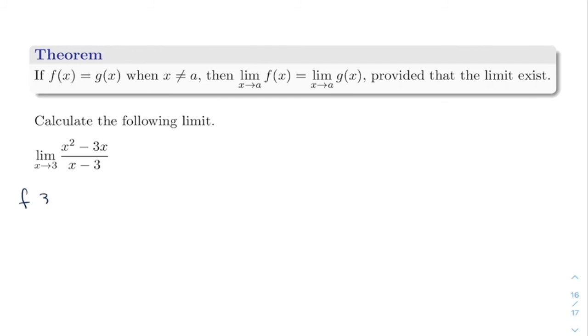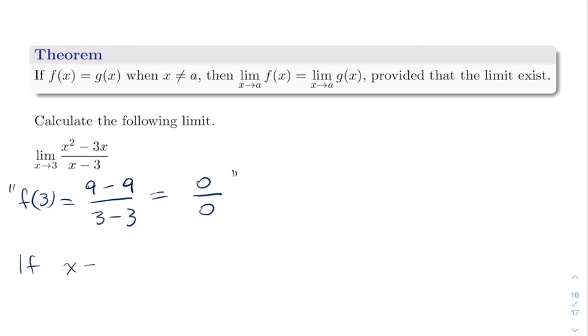So we can try to evaluate this function, and we will get the following: 3 squared, which is 9, minus 3 times 3, which is 9 again, divided by 3 minus 3. So this will give us something like 0 divided by 0. So we put quotation marks here because we cannot actually evaluate the function at 3 because it's not in the domain.